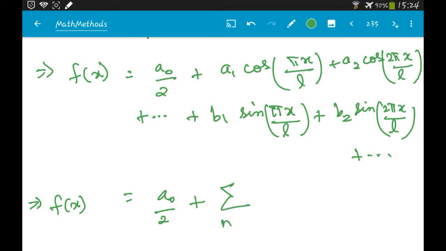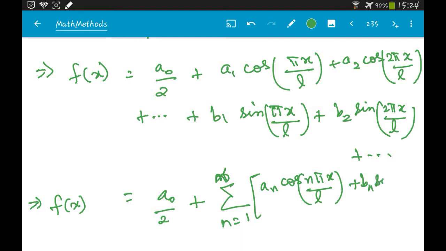So you have n equal to 1 to infinity an cos n pi x by L plus bn sin n pi x by L. So this is your f of x.